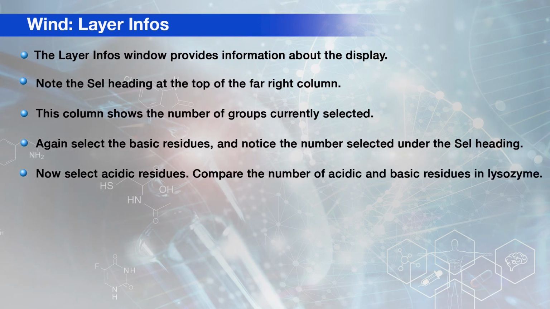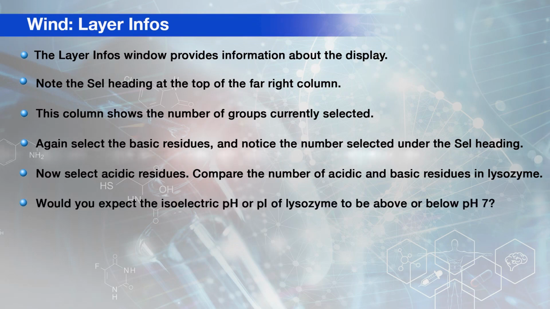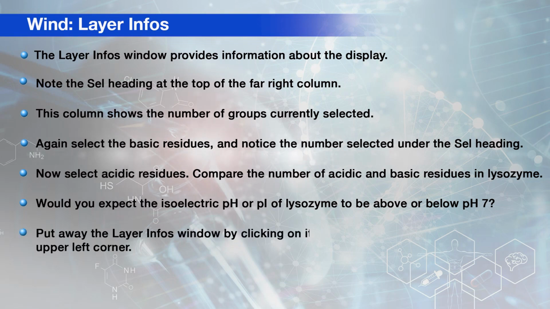Now select acidic residues. Compare the number of acidic and basic residues in lysozyme. Would you expect the isoelectric pH or pI of lysozyme to be above or below pH 7? It is around pH 10 because basic side chains outnumber acidic ones.